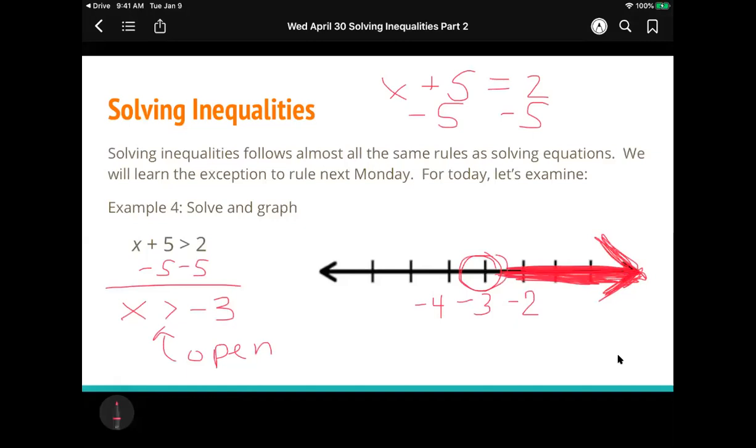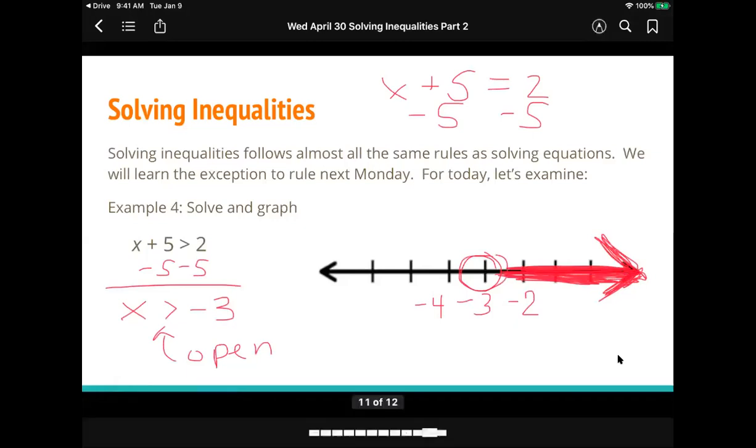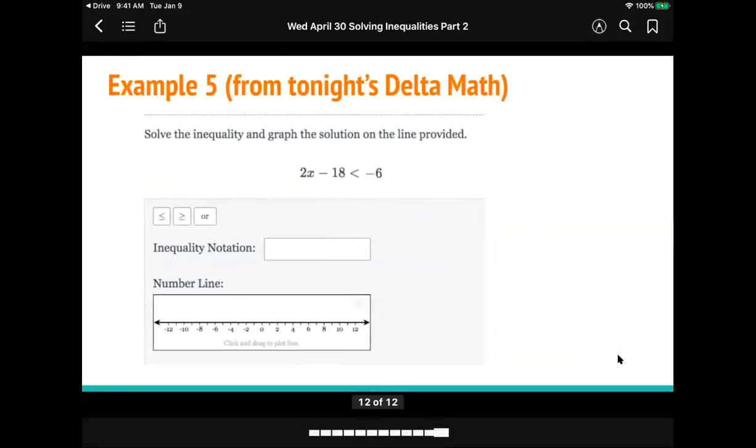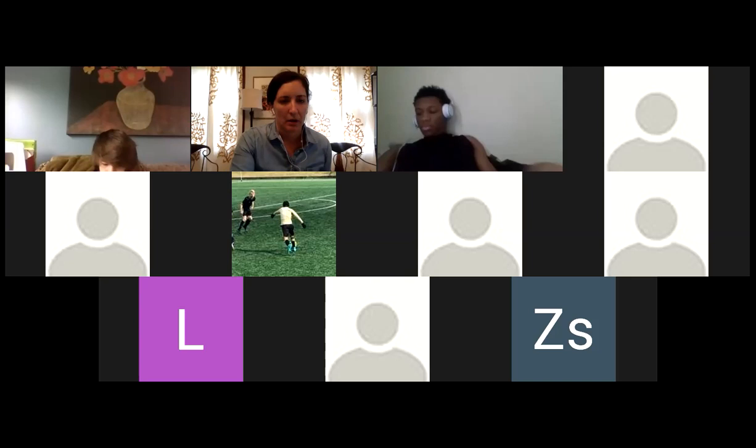Okay? Thanks, guys, for chiming in on the chat there. All right, so I want to do one problem on Delta Math with you so you understand how to use the feature of dragging the number line. So we'll do one of these together. For those of you who have done it already, awesome.